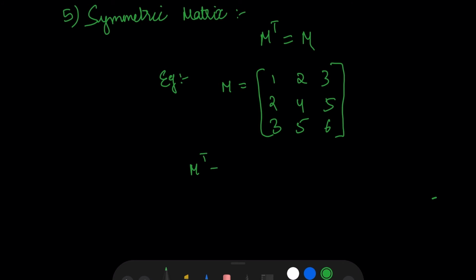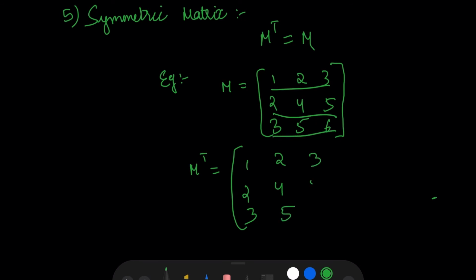So how do you find the transpose? You just change the first row into the first column, second row into second column, and third row into third column. Now we're changing the first row into first column, 1, 2, 3. Now the second row into second column, 2, 4, 5, and the third row into third column, 3, 5, 6. So this is the original matrix and this is the transpose of that matrix. So we can say that this matrix is a symmetric matrix.